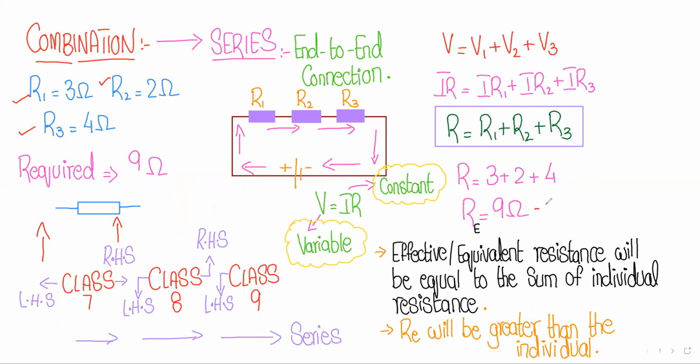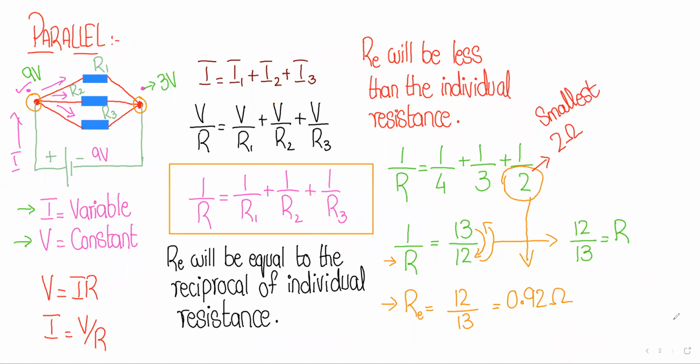If we compare this value with 4 ohms, 9 ohms is greater than 4 ohms, because 4 ohms is the biggest resistor in our circuit, and we are getting a value which is greater than 4 ohms. And when we are talking about the smallest value, we compare with the smallest resistor. So that is the concept, right?